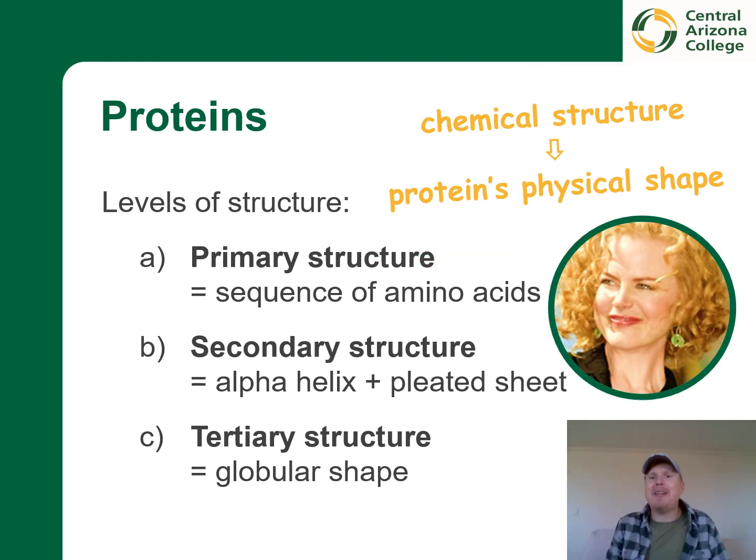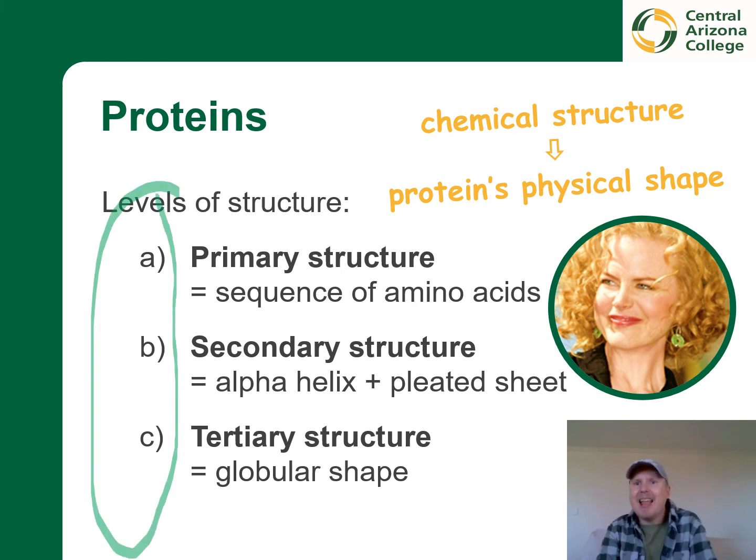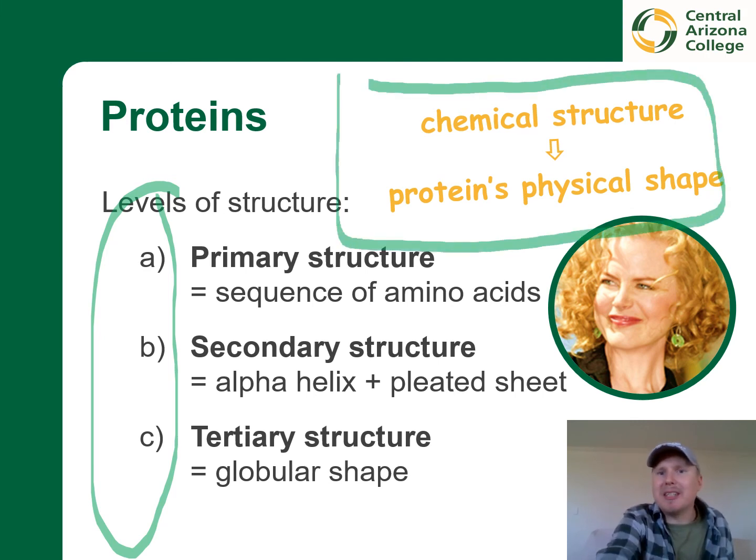Let's say that we have here a picture of Nicole Kidman. What does she have to do with proteins? Well, hair is made of protein, and you remember these levels on which we could look at the protein. We just covered these. And I want you to remember that when we change the chemical structure, we also will trigger changes in the physical shape of the protein.